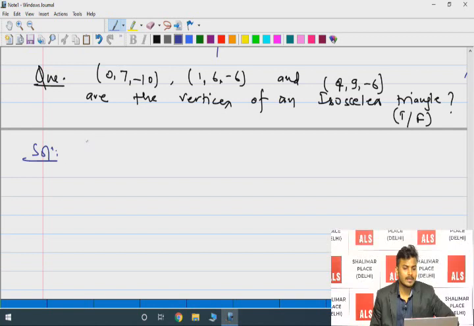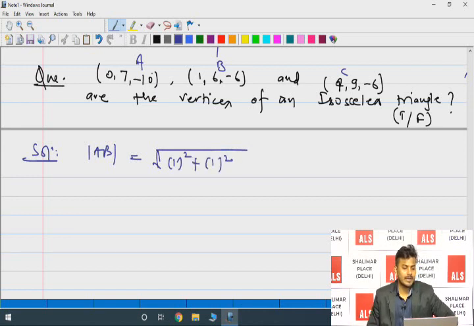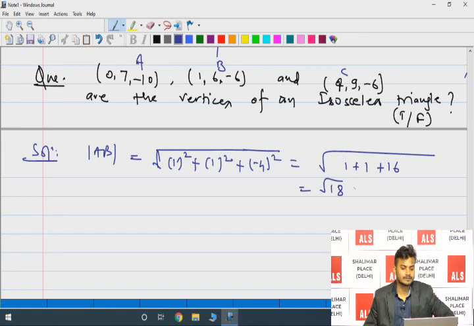Alright. Let's say this is point A, this is point B, and this is some point C. So what is mod AB? Mod AB will be 1 whole square plus 1 whole square, and minus 10 minus minus 6, so that will be minus 4 whole square, which is root over 1 plus 1 plus 16, root 18, right? 3 root 2.